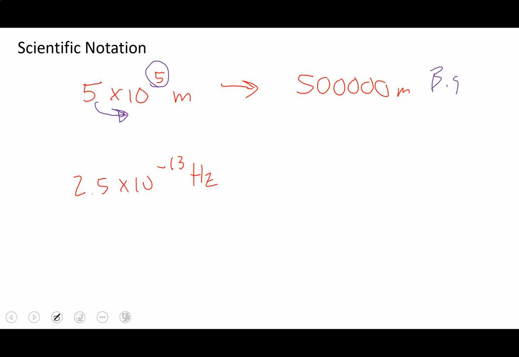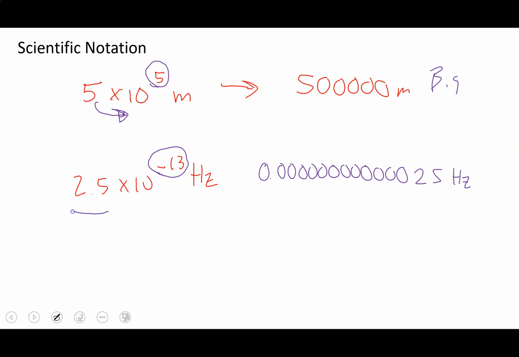It's the reverse when we talk about something that's in a negative exponent. A negative exponent means that it's something that's really small. So in this case, it's 1, 2, 3, 4, 5, 6, 7, 8, 9, 10, 11, 12, 2, 5. That's how many hertz we would be looking at, and this is a really small number.